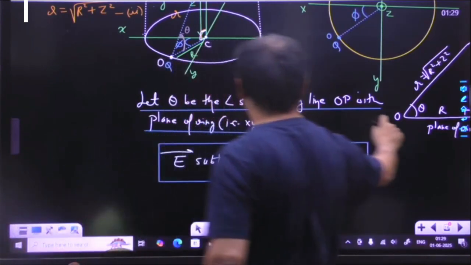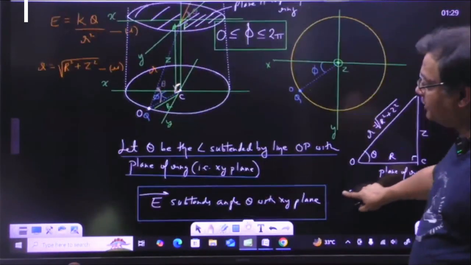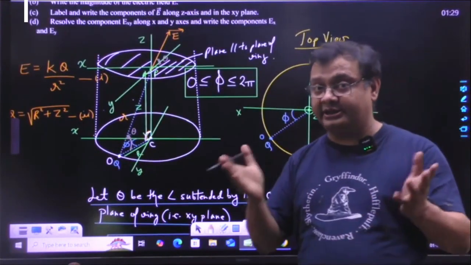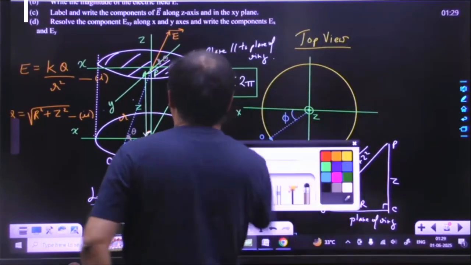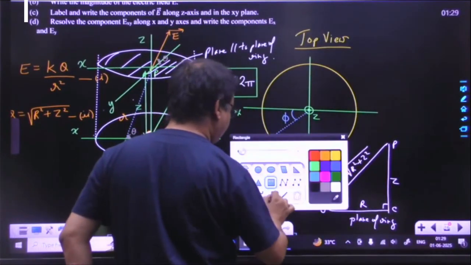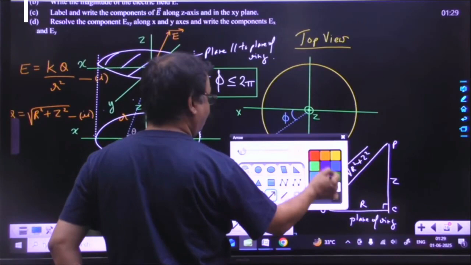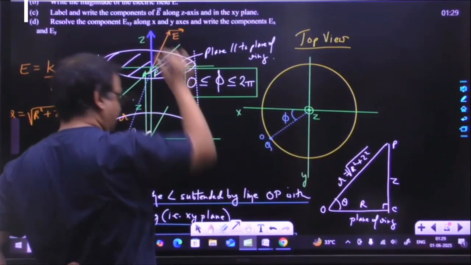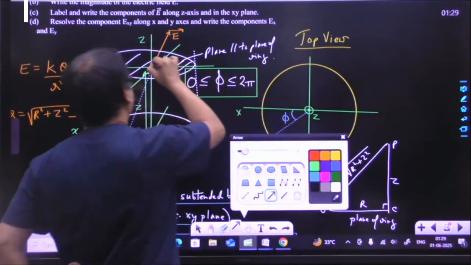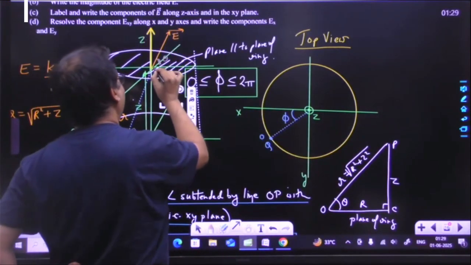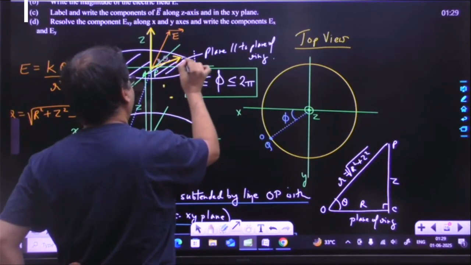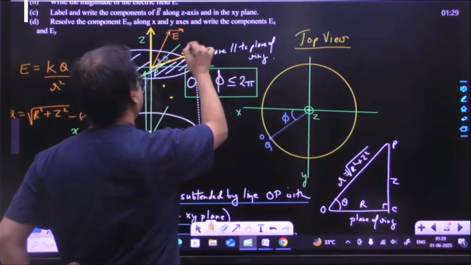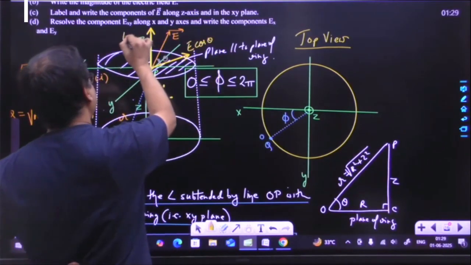Now, take the components of E, one in the vertical direction, along the Z axis, and one in the horizontal direction, along the XY plane. If this angle is theta, your vertical component will come to be E sine theta, and your horizontal component will come to be E cos theta.